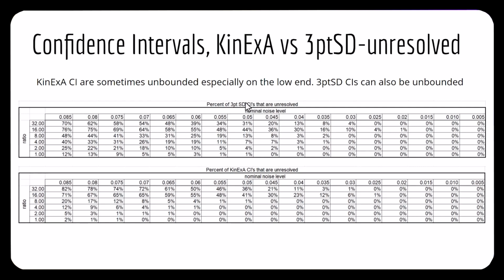For the plus and minus 2.48 standard deviation, I said it's unresolved if the lower bound went below 0. In that case, we had 70% unresolved at the noisiest, highest ratio, but at the noisiest, lowest ratio, we still had 12% unresolved. Now, in the KinExA method, the scaled error method, 82% of these were unresolved, but only 2% of the low ratio.